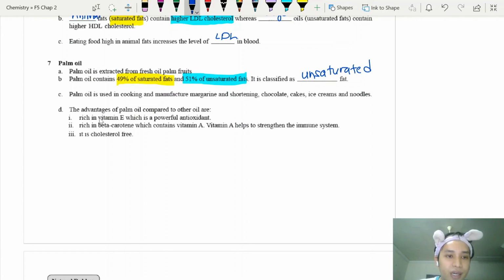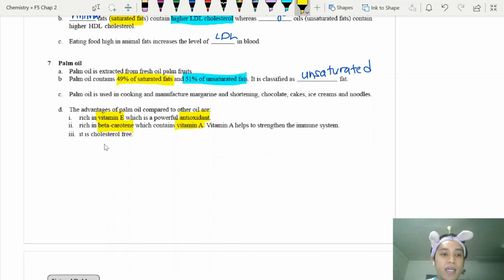But you need to know the advantages of palm oil. They have a lot of vitamin E, antioxidants. You need a lot of antioxidants, right? And then they have beta carotene. Inside beta carotene you have vitamin A. Vitamin A helps in a lot of things in your body, for example your vision. For your vision you need vitamin A, for good eyesight and so on.